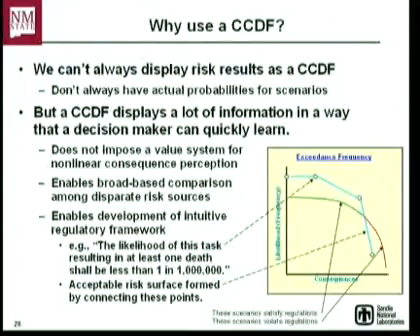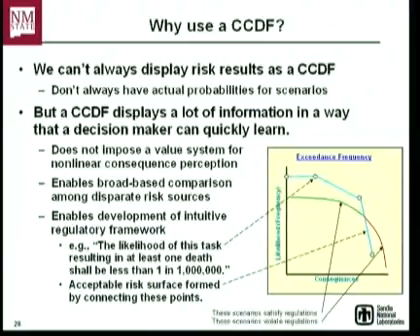So we can make that translation directly. A regulator may make 2 or 3 pronouncements of points like that, and we can look at those, place them on a curve, connect the dots, if you will, and now we have a risk acceptance surface. So anything that falls under that risk acceptance surface is approved.